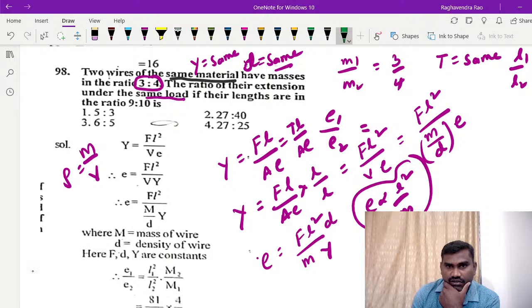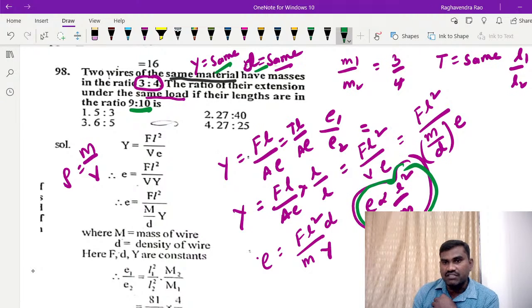Why are we multiplying with L and L? Because we need to express Young's modulus in terms of density and in terms of lengths. They gave the lengths ratio and the masses ratio, so length must also be in the expression.